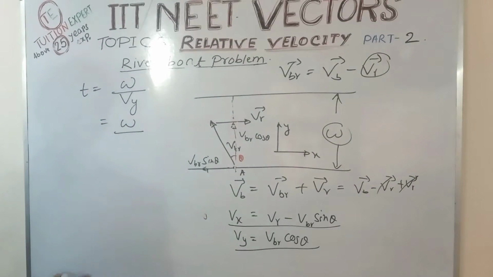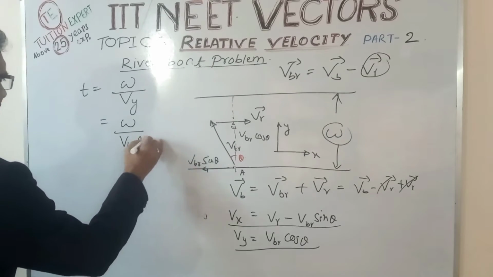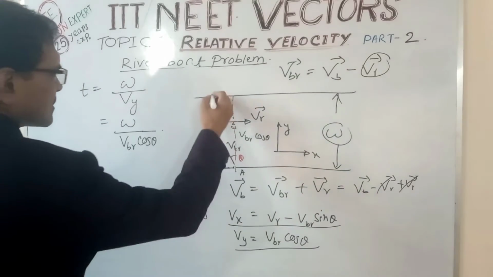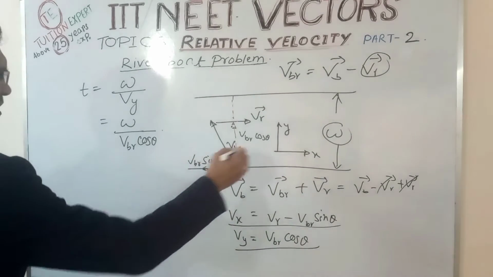W is the width of the river, and Vy equal to VBR cos theta.